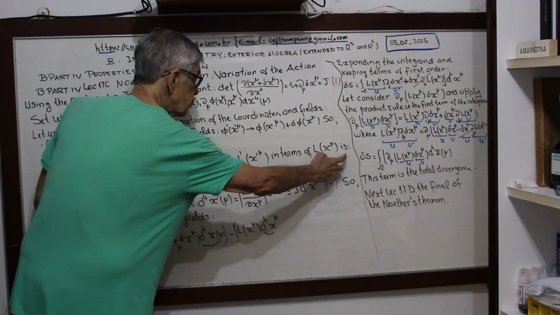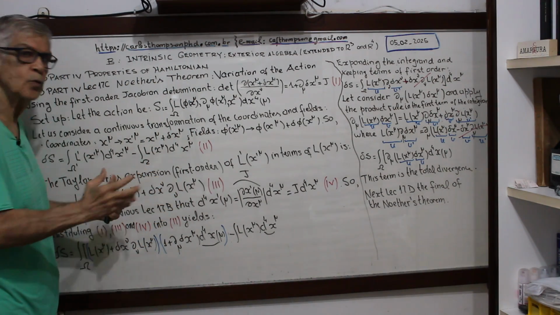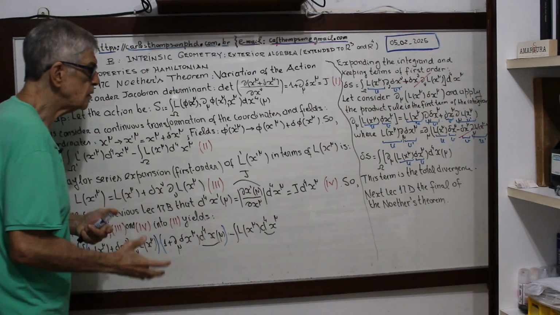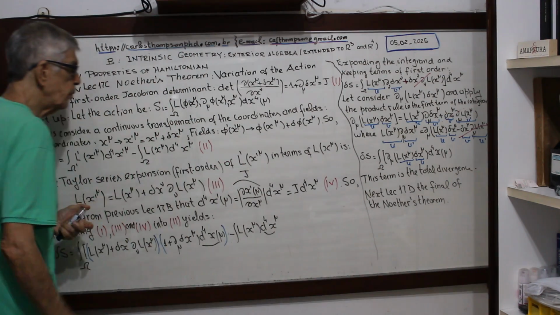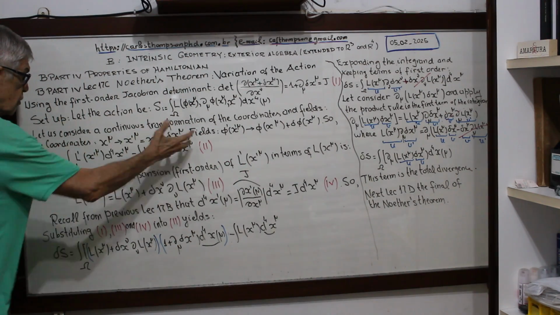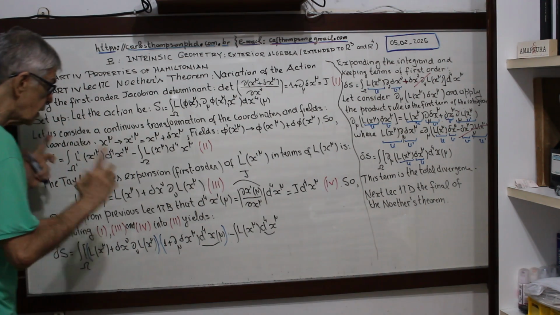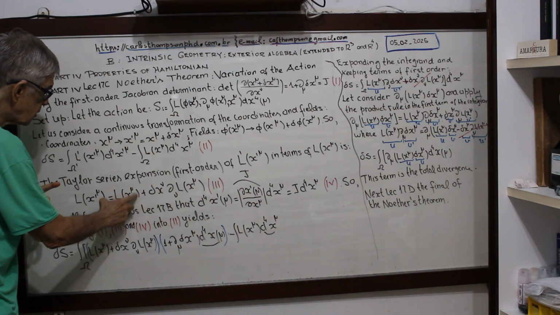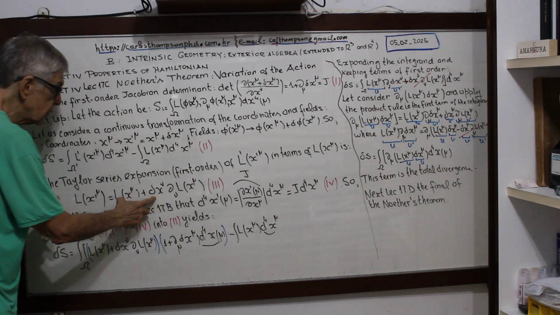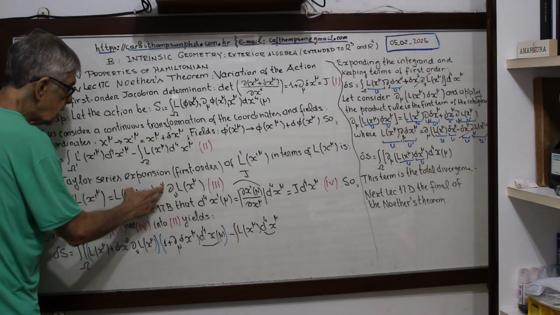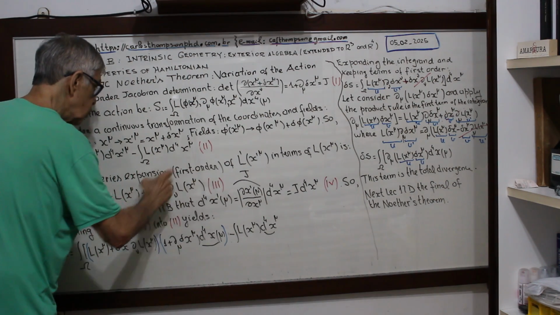Now, the Taylor series expansion, attention now, to first order, of L prime in terms of L. You are bringing back the original coordinates and the original fields phi and x mu. That's why we're going to use this transformation and the Taylor series. So, to first order, L of x mu, with the small increment delta x mu, is a partial derivative of L as a function of x mu.